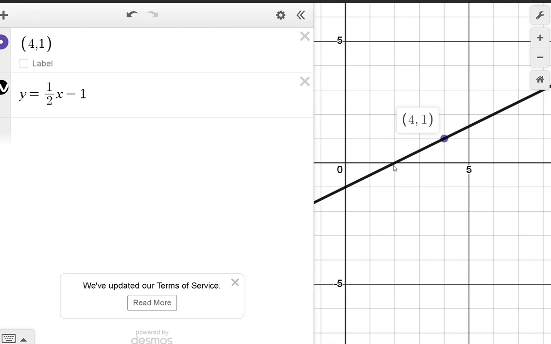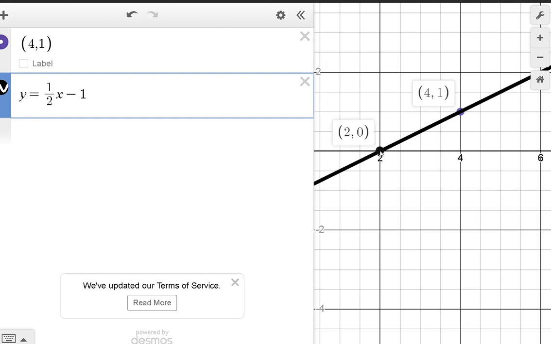And if you wanted to, you could kind of figure out what the slope would be. So let's zoom in on these 2 points. If you go over a distance of 2 for the run from here to a point underneath this one, that's a distance of 2, and vertically you're going to go up 1. So the slope is exactly 1/2.